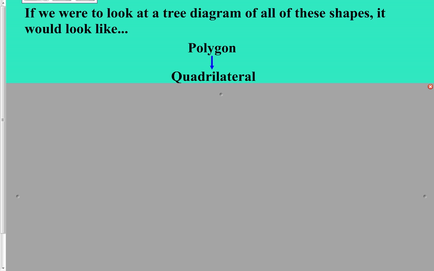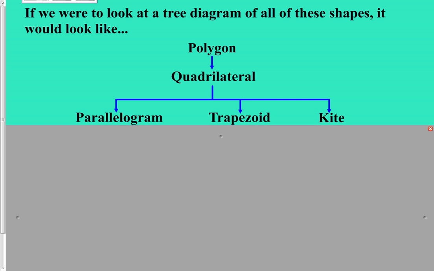There are polygons that are not quadrilaterals, but all quadrilaterals are polygons. There are three distinct subgroups of quadrilaterals if you can find certain properties that we just discussed: the parallelogram, the trapezoid, and the kite.